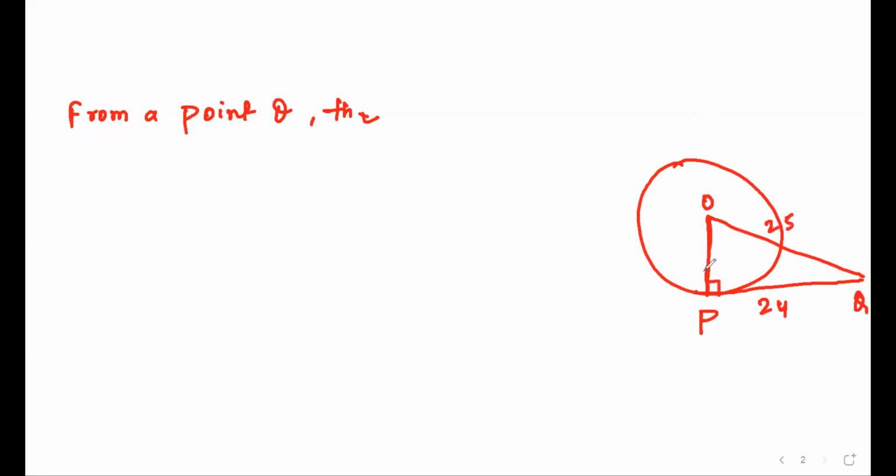Can we find the length OP, the radius of this circle? How to find OP? Any idea?